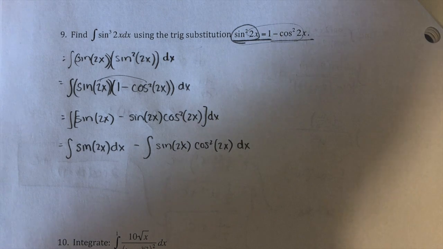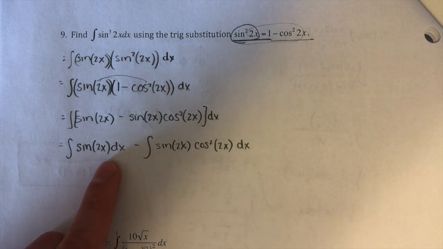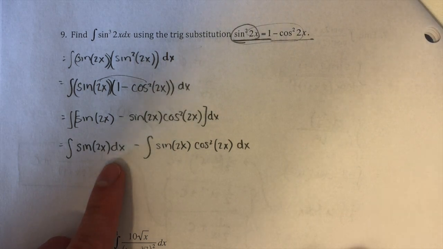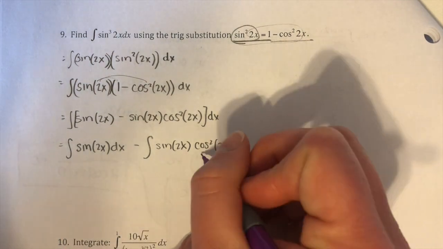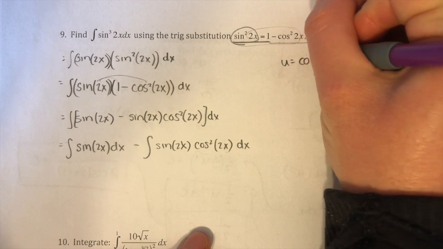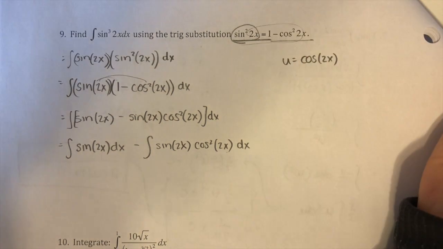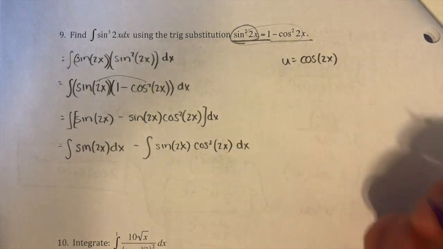So now we need to look for what our u and du are going to be. Since we've got a cos 2x squared, I'm going to make my u cos of 2x. So I'm going to look at kind of the most complicated thing here.